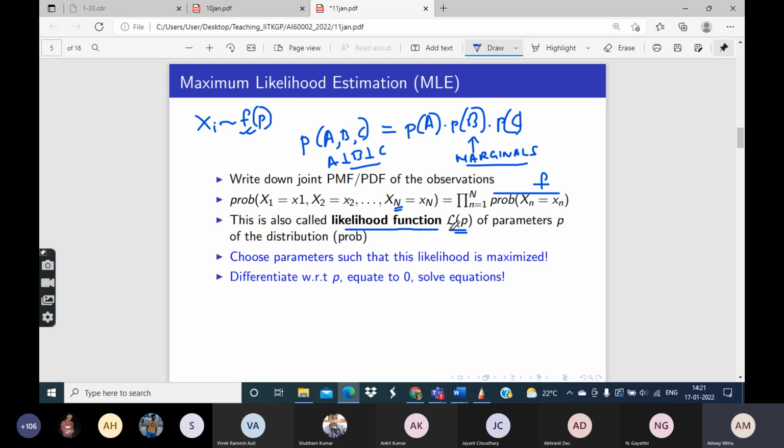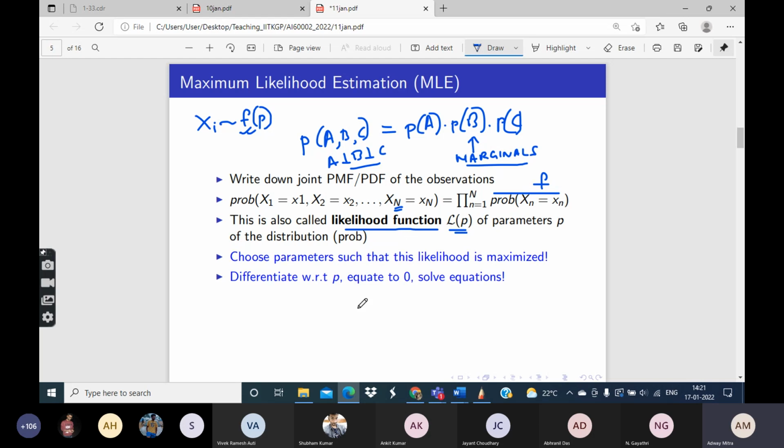So using that kind of logic, we try to find that value of the parameters which maximizes the likelihood function. The way to maximize it is to differentiate the likelihood function with respect to p. If there are multiple parameters, then we partially differentiate with respect to each of them. If there are constraints, then we bring in those constraints through Lagrangian multipliers and other mathematical tricks. We equate those derivatives to 0, and then we solve the simultaneous equations and get the values of the parameters.